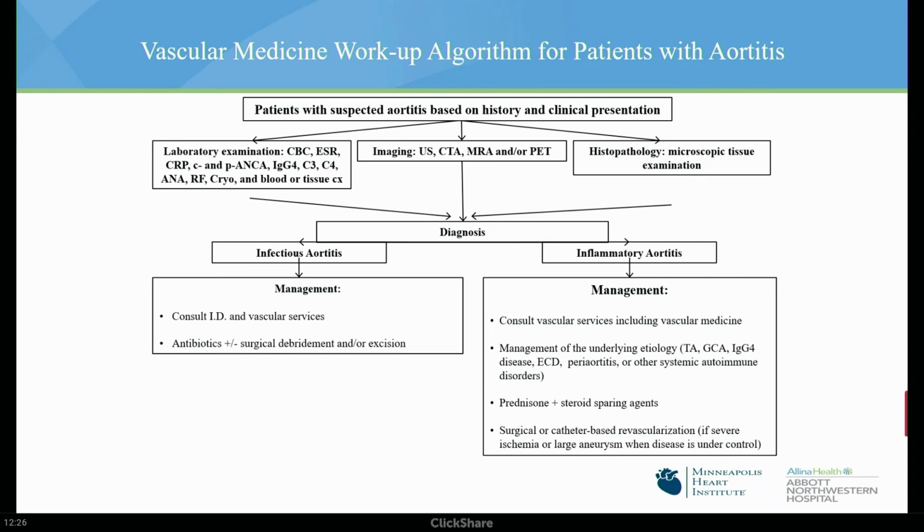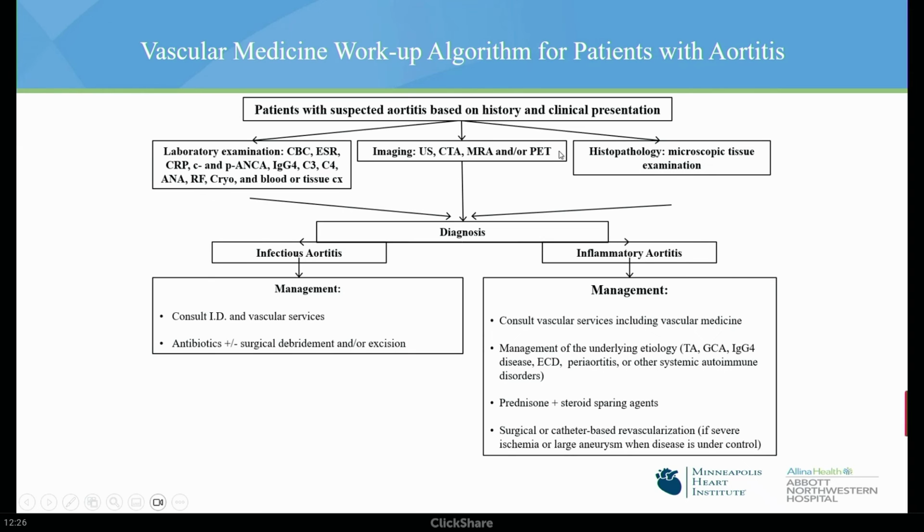I look for ANCA, IgG4, C4, C3, C4, and so forth. I also get blood cultures, and if there is a possibility of obtaining a tissue biopsy, that would be great. Unfortunately, most of the time it's hard to obtain a biopsy of a fragile inflamed aorta, so that's not usually a good idea. We try to do it when we can.